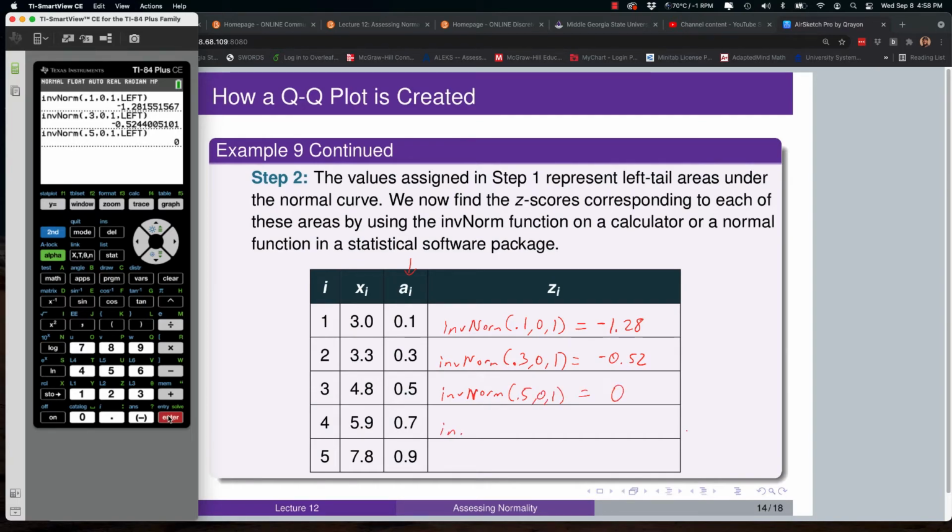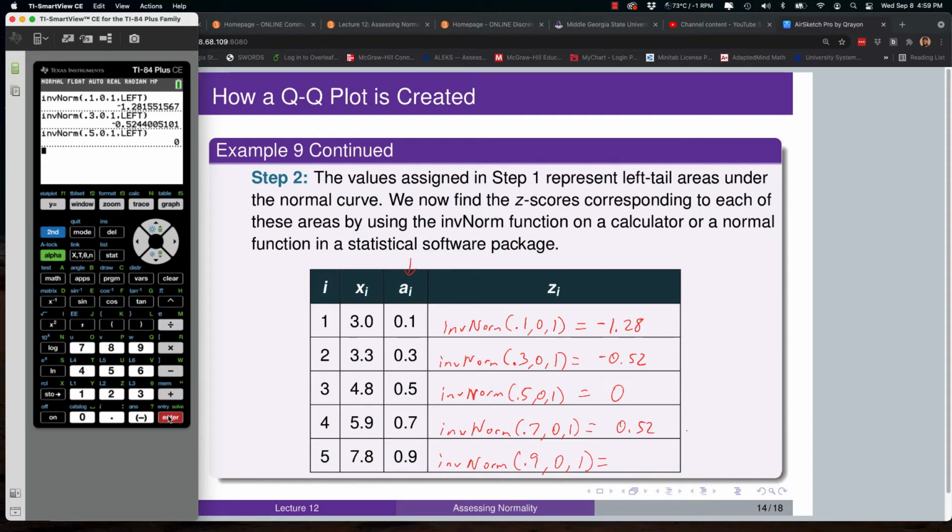Then we keep doing it down, and I will not keep punching them in the calculator from here on out. That's going to be 0.701 and inverse norm of 0.901, with the area, the mean, and the standard deviation. And this one's actually going to be positive 0.52.